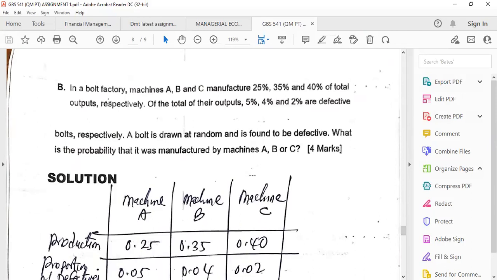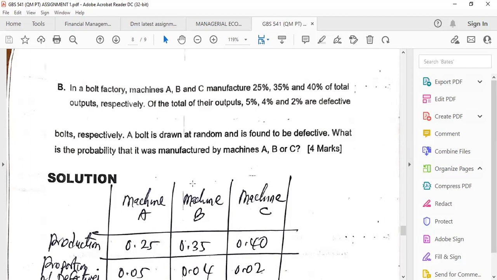So we're given that in a factory, machines A, B, C manufacture 25, 35, 40 percent of the total output respectively. And the defective output is 5, 4, and 2% respectively. A bolt is randomly found. What is the probability that it was made by machines A, B, or C?